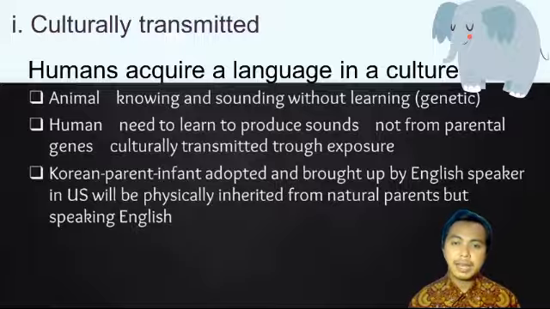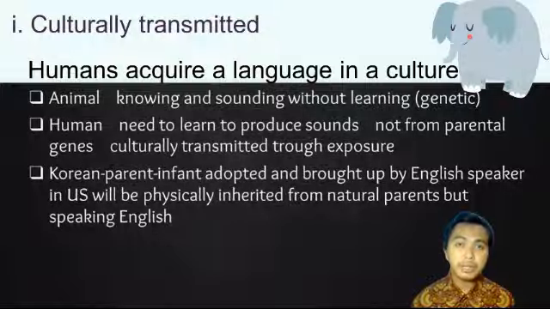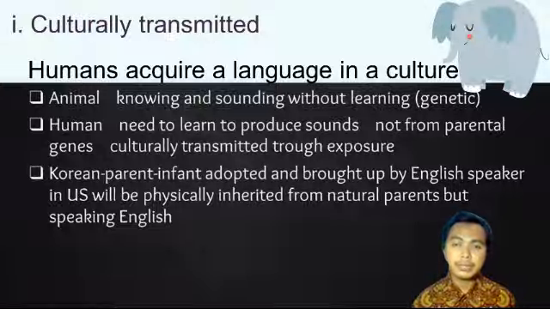An example is a Korean child who is adopted and brought up by English speakers in the US, who will inherit the physical nature from his or her parents, but will acquire English speaking from the English-speaking adoptive parents.